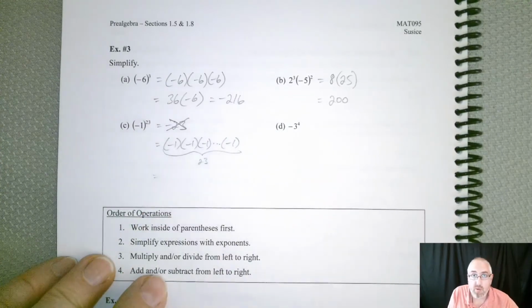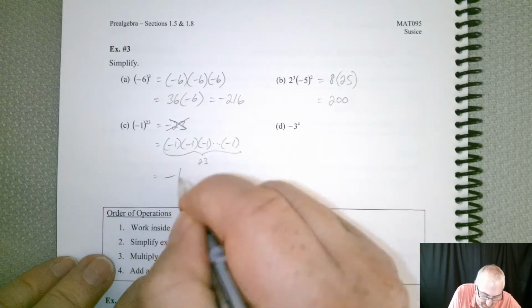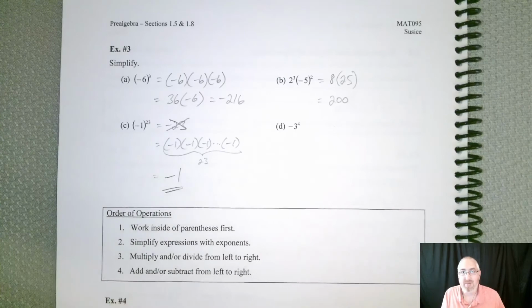So all those 1s, if they were all positive, 1 times 1 times 1 times 1 is just 1. So if you got 23 of them, they're still going to be equal to 1, but is it going to be positive or negative? Because there's 23, an odd number, it should be a negative 1. So negative 1 should be the answer to that one.